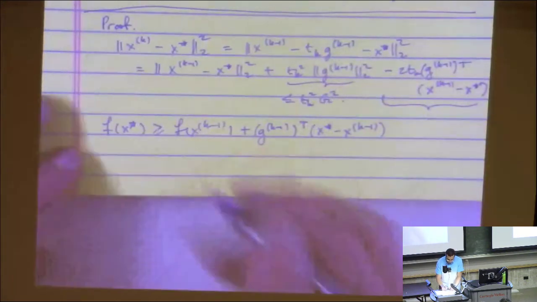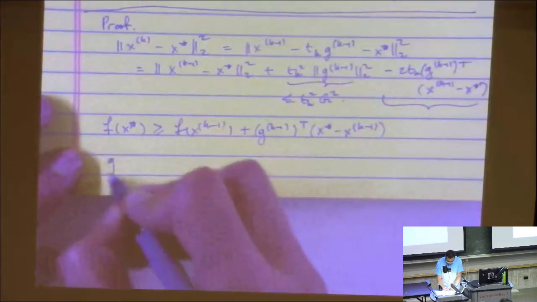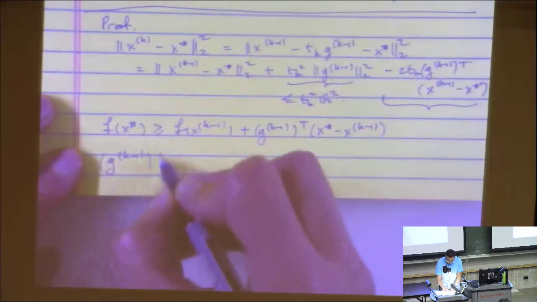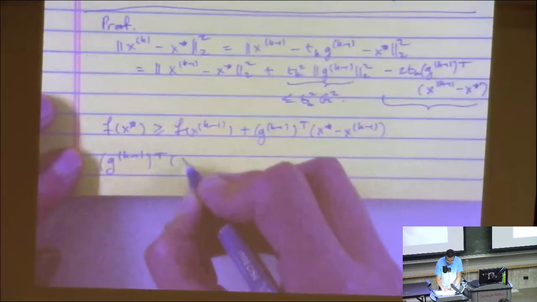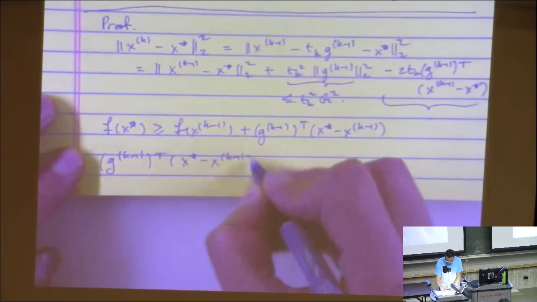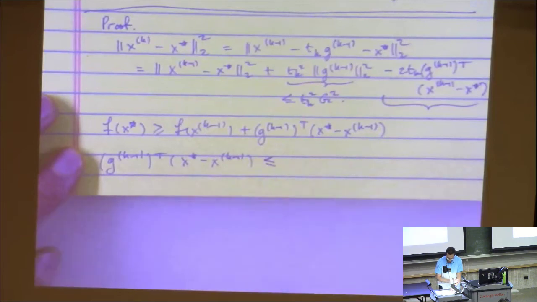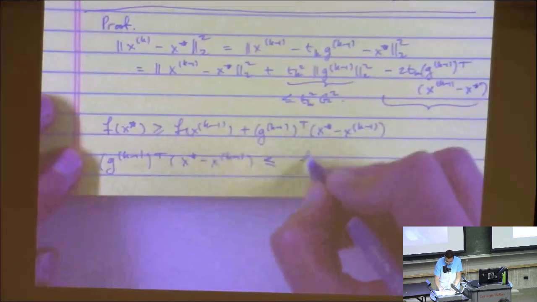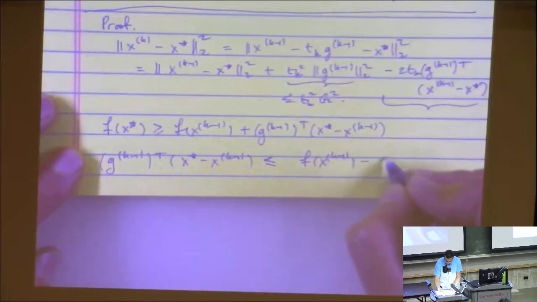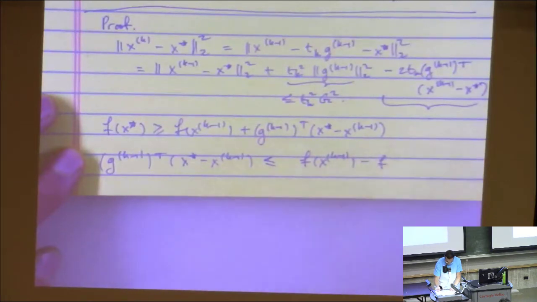And you can see that now I can just rearrange this to say that gk minus 1 transpose, let's say, x star minus xk minus 1 is less than or equal to f of xk minus 1 minus, sorry.